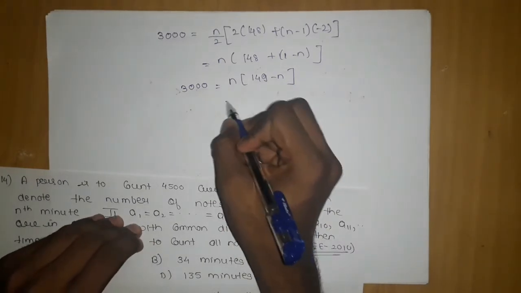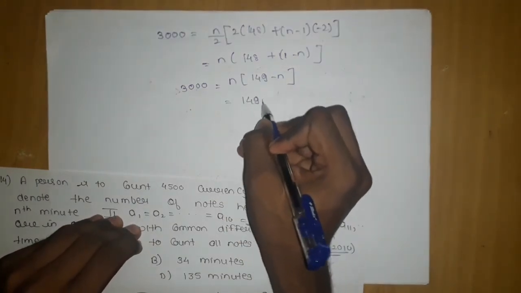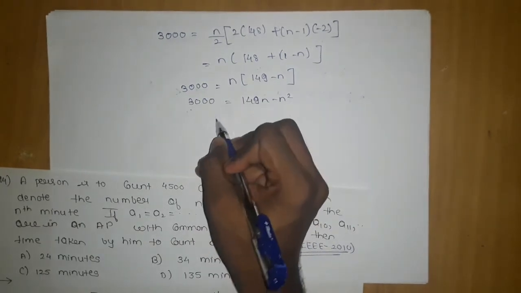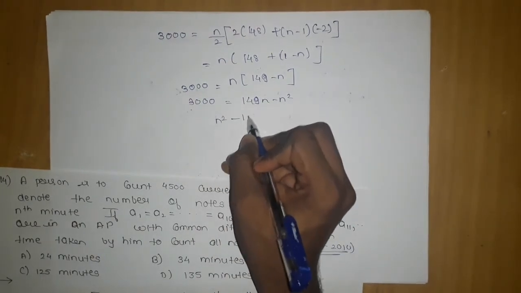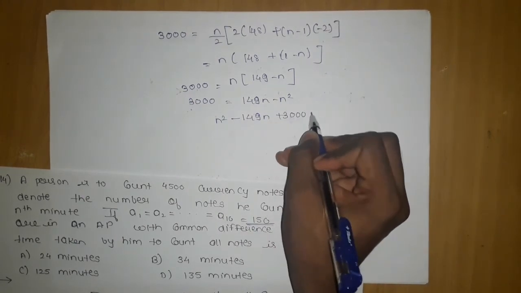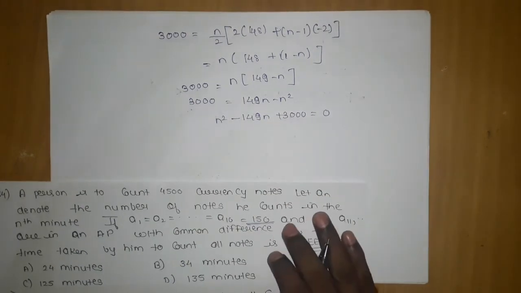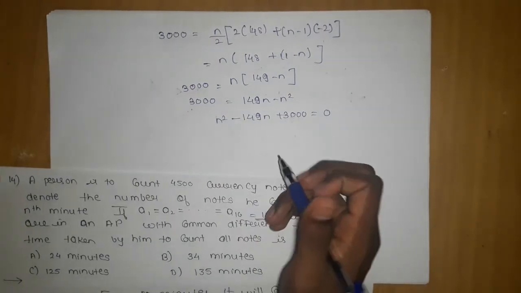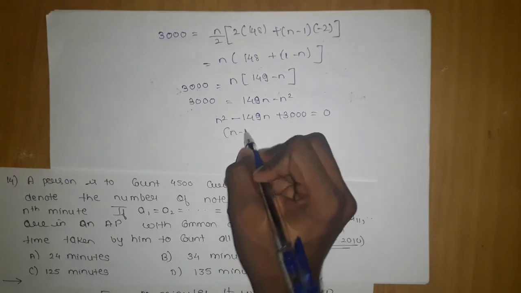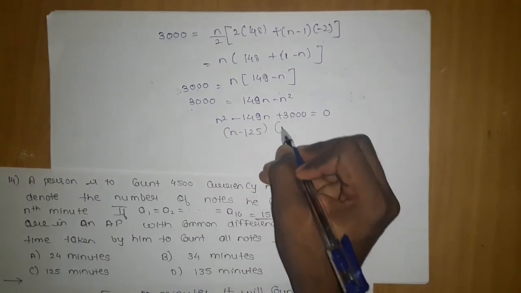If I solve this, I will get 149n minus n square equals 3000, so we are getting n square minus 149n plus 3000. Its roots will be (n minus 125) and (n minus 24).